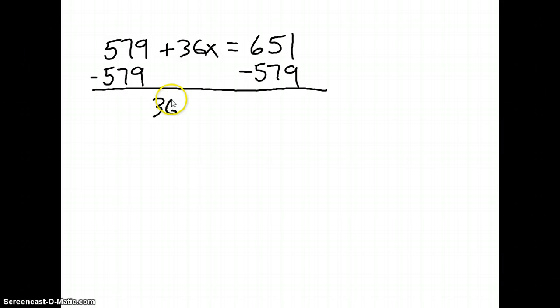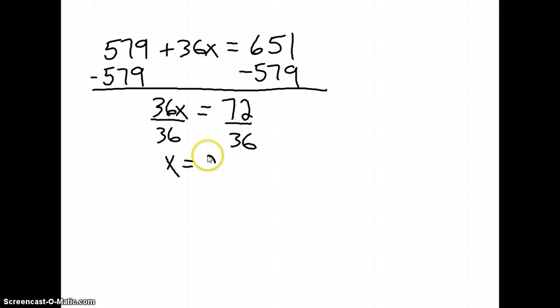I get 36x on the left. That is equal to 72. And our last step would be to divide by 36. I get x is equal to 2. So in 2 years, the number of students taking Spanish will be 3 times as many as the number of students taking French.